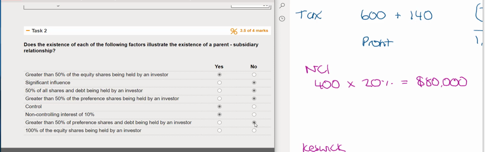So the answer is no. The final one, looking at 100% of the equity shares being held by an investor, equity shares are an indicator of a parent subsidiary, and having 100% would mean that yes, we do have that relationship. Therefore, reviewing our answers, we can see in the top right-hand side that we've got all of our marks and answered each of the elements for task 2.